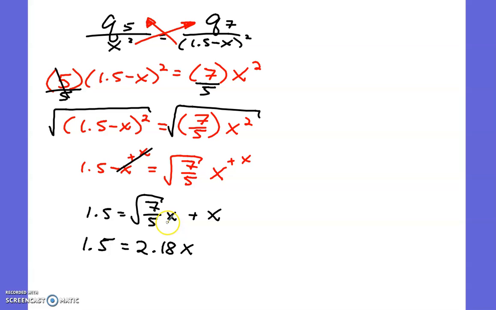Again, the reason I can do that is because both of them have the same variable x attached to them. My final step is I'm going to divide each side by 2.18. This now leaves me with an answer that x is 0.687 meters.